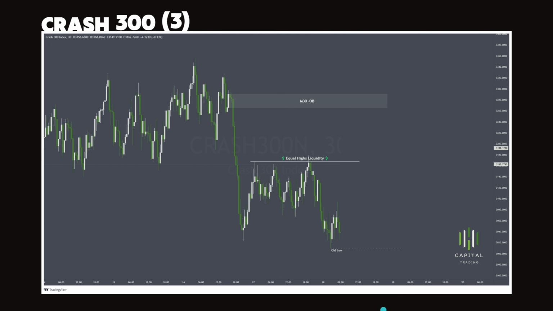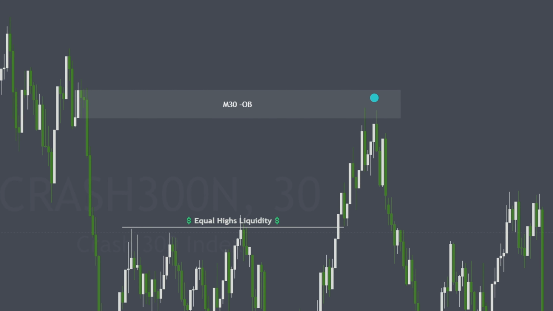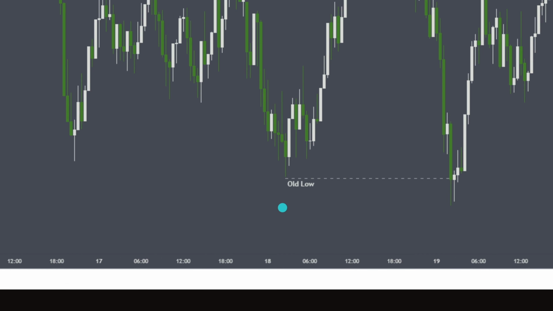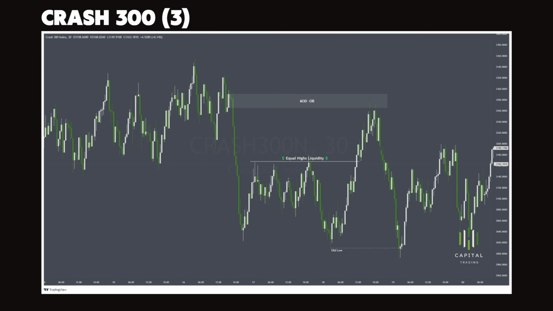Let's see how the market performed over those. The market went to the downside and pushed into the upside to this bearish order block up here. And then it dropped to the downside and targeted this old low. So these were good examples of how to recognize equal highs on Crash 300.